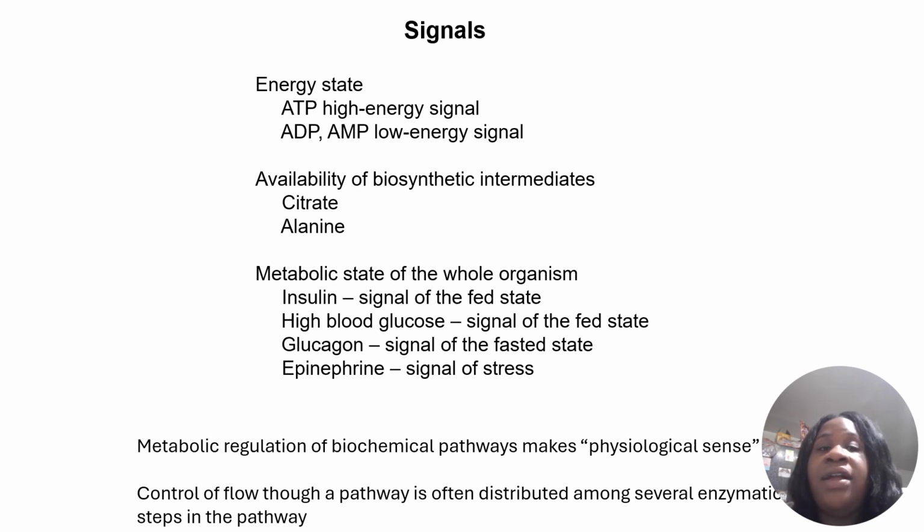The second would be the allosteric activation or the inhibition. You have the covalent modification of enzymes, and then the induction or the repression of enzyme synthesis. It's important to know that metabolic regulation of biochemical pathways makes physiological sense. Control of flow through pathways is often distributed among several enzymatic steps in the pathway.